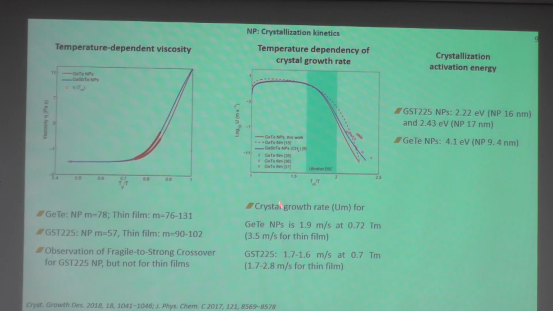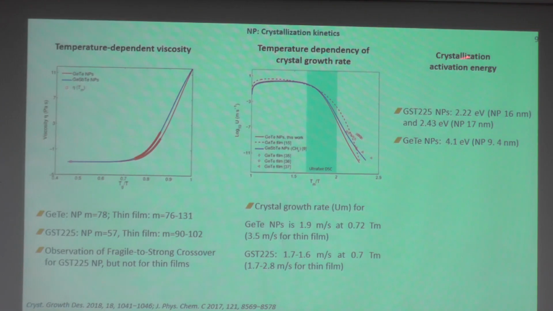The crystal growth rate actually changes in another direction. For germanium telluride nanoparticles, it's a little bit lower than for thin film, and for GST 2 to 5, it's in the range of thin film.